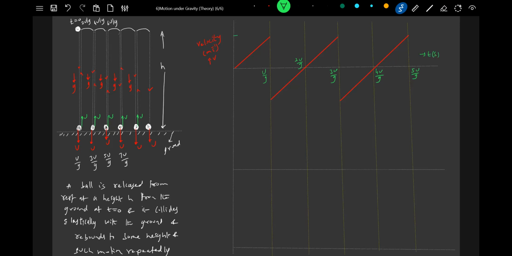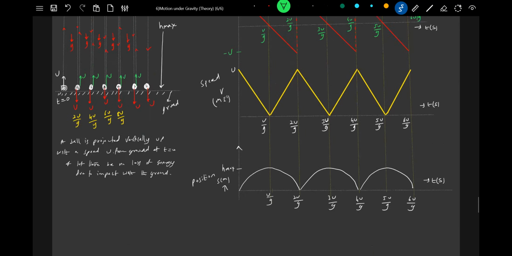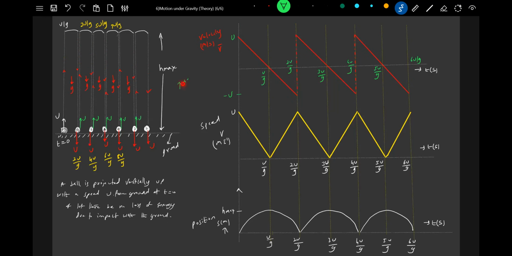So it will go and strike the ground with a speed u, then immediately rebound. By the time it reaches the ground, it will strike with a speed u. So what is the convention? Positive, this is negative. Previously, what was the convention? Upward was positive. Downward was negative.